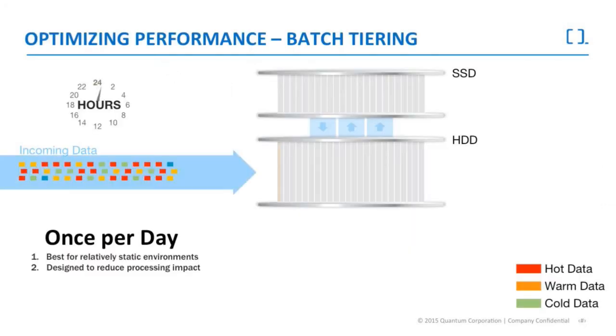So let's talk about a couple of different types of tiering. You may have arrays that you aren't even aware are tiering, because the tiering is happening internally. If you look at this diagram here, for example, this is an array that is doing once per day scheduled tiering between hard disk and Flash.